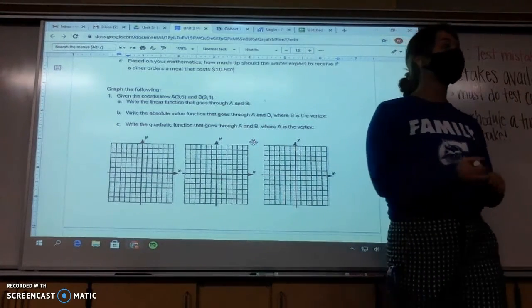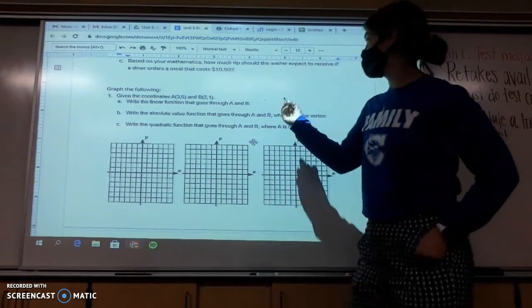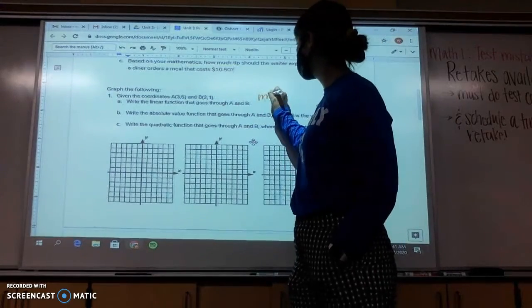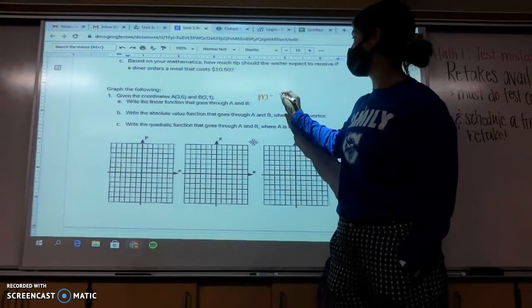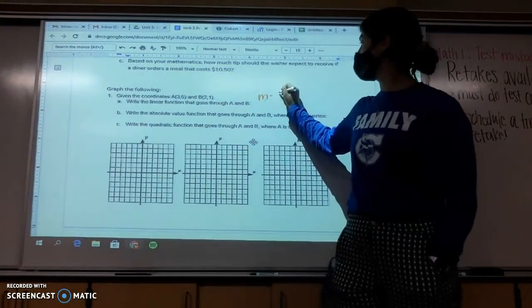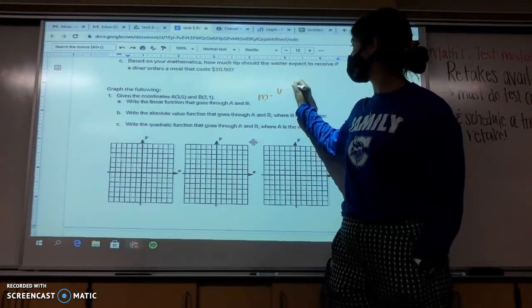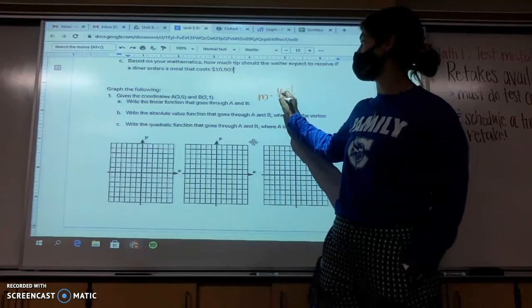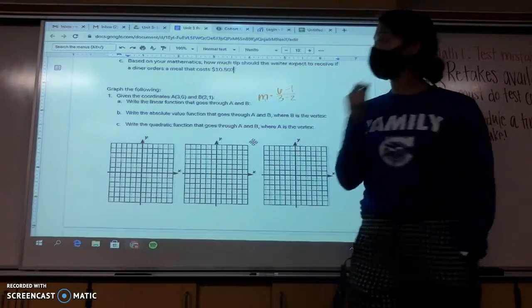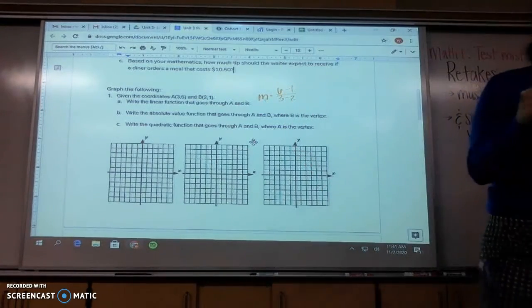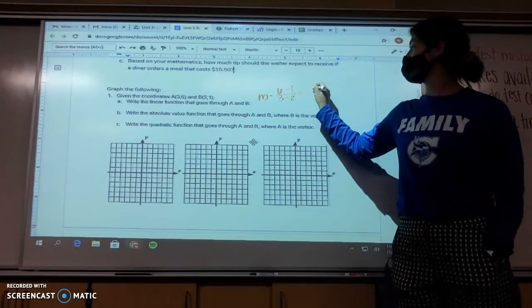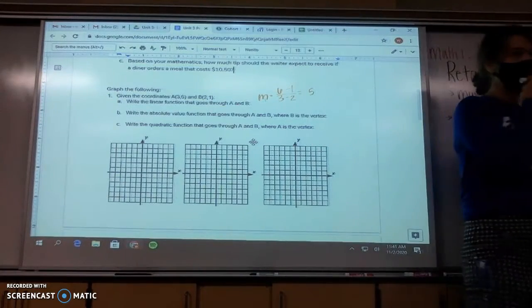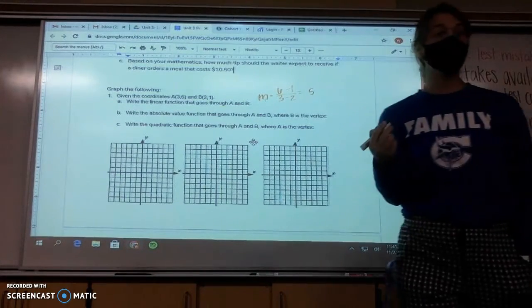So the first thing you gotta do is find your slope. In this case, my m is equal to my y2, which is 6 minus 1, over my x2 minus my x1, which is 3 minus 2. So in this case, my slope is 5. I need to write an equation for this.